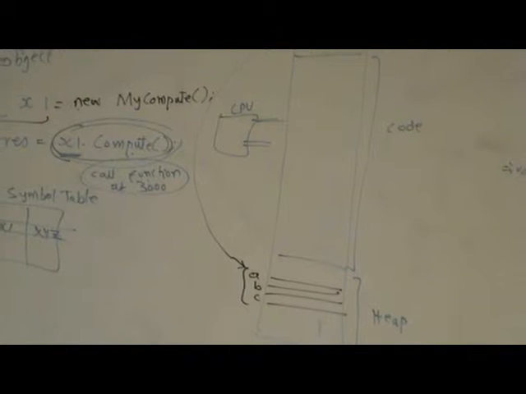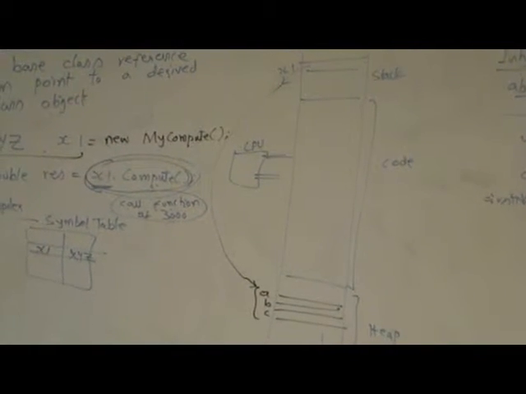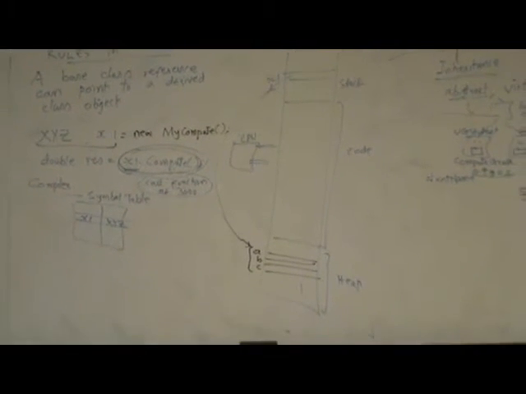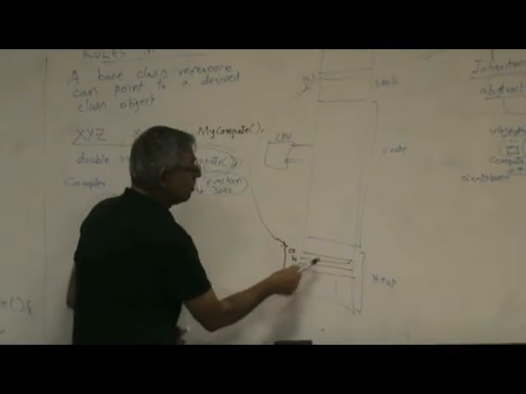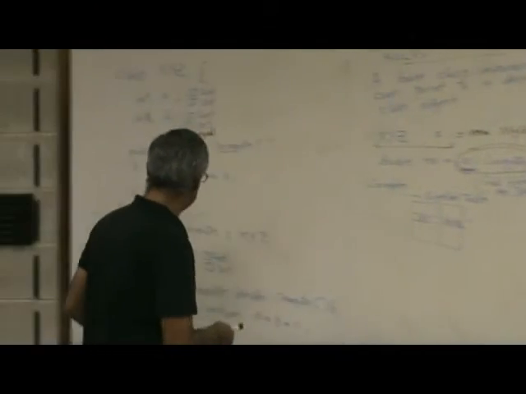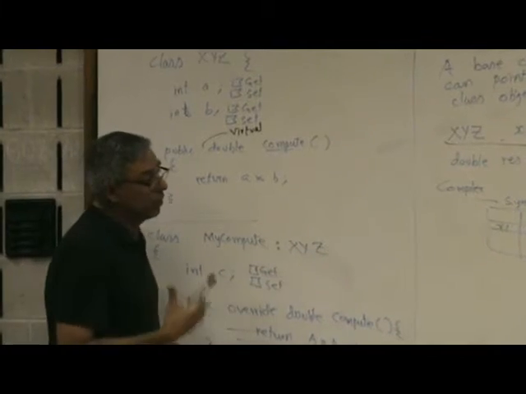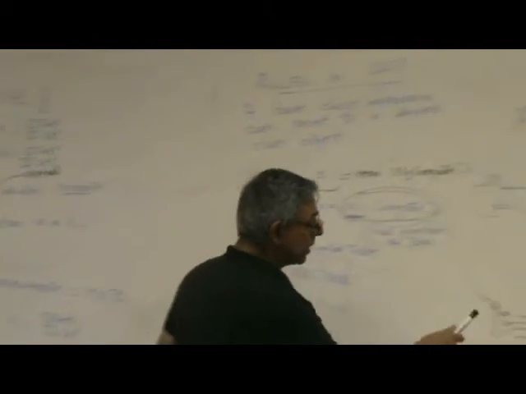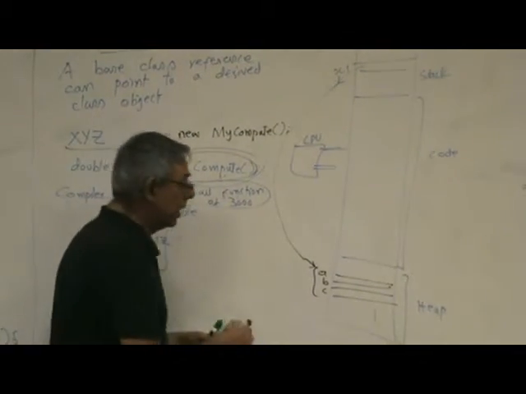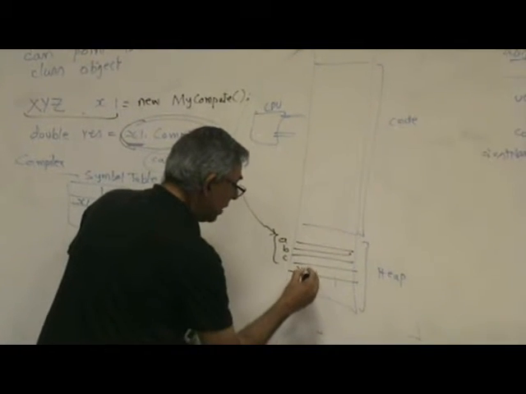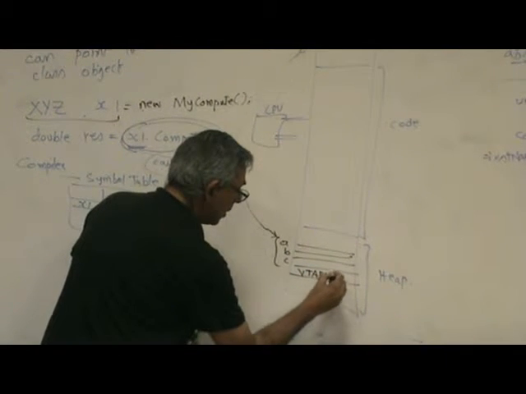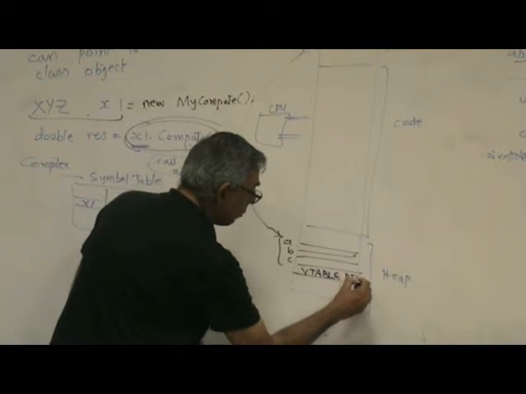Okay, we also need to maintain some connection from here to whatever methods belong to this class. So in reality, there's one extra memory that is allocated over here, and that's called the vtable pointer, or the virtual table pointer.